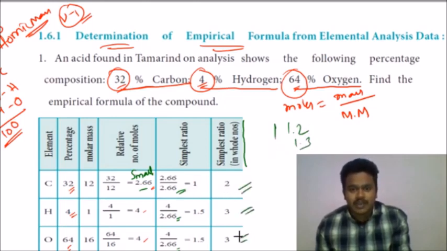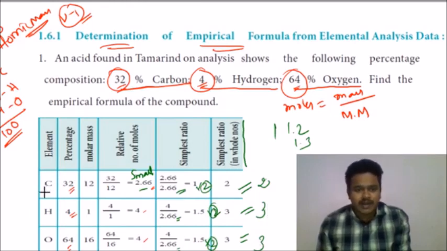Finally, you have to get whole numbers. Here I am multiplying by 2. 2 into 2, 2; 1.5 into 2, 3. If I multiply all of this simple ratio by 2, I get 2, 3, 3, all whole numbers. So, over.